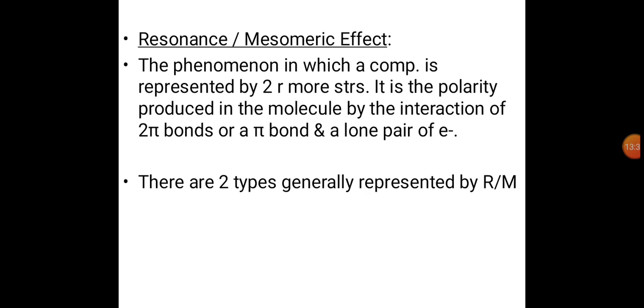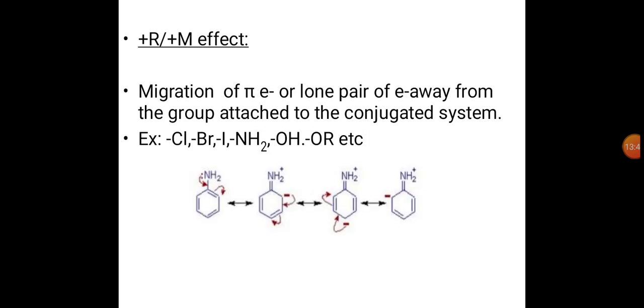And here there are two types, and these are generally represented as capital R or capital M. So, capital R or capital M effect, the positive resonance effect or the positive mesomeric effect.